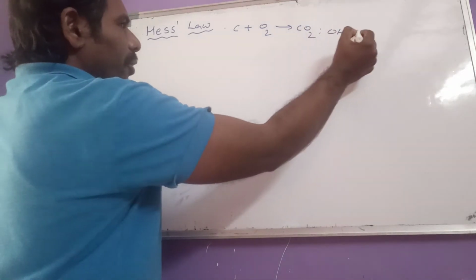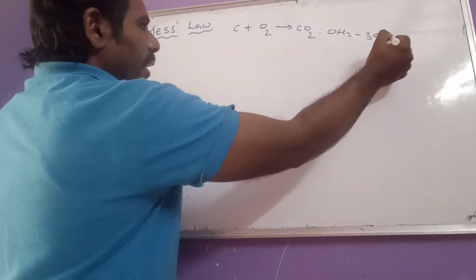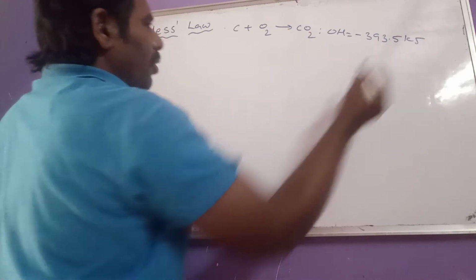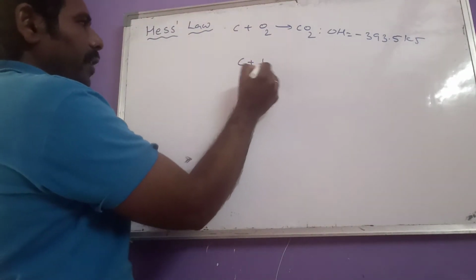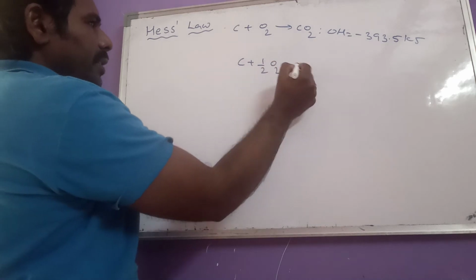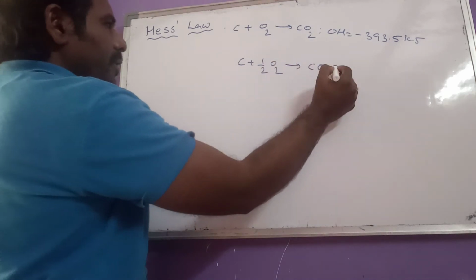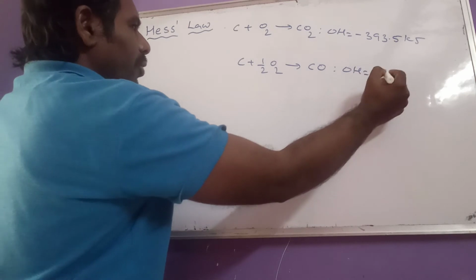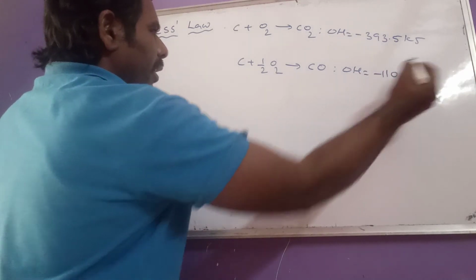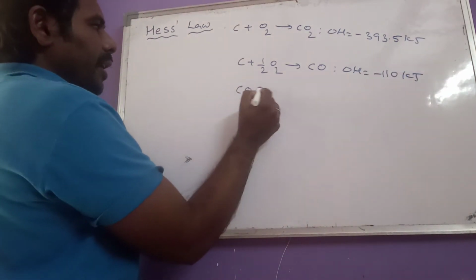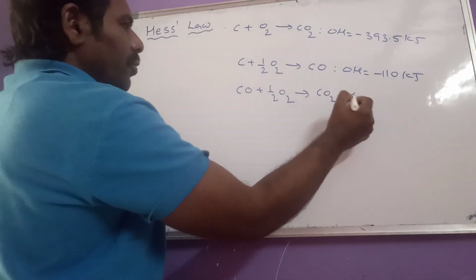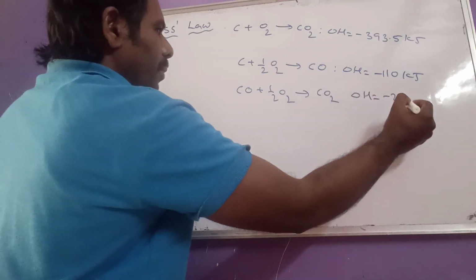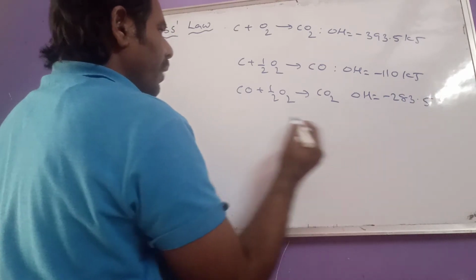Delta H value minus 393.25 kilojoule, and this reaction may take place in two different steps. In first step, formation of CO, delta H value minus 110 kilojoule. In second step, CO undergoes combustion to give CO2, delta H value minus 283.25.